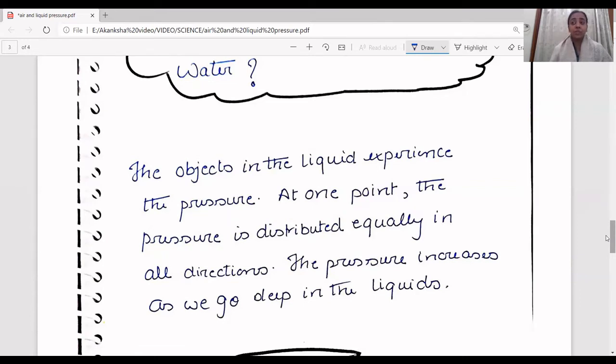I don't know if you've done scuba diving or a sea walk. If you've done a sea walk, you would have realized that there's a lot of pressure inside water.